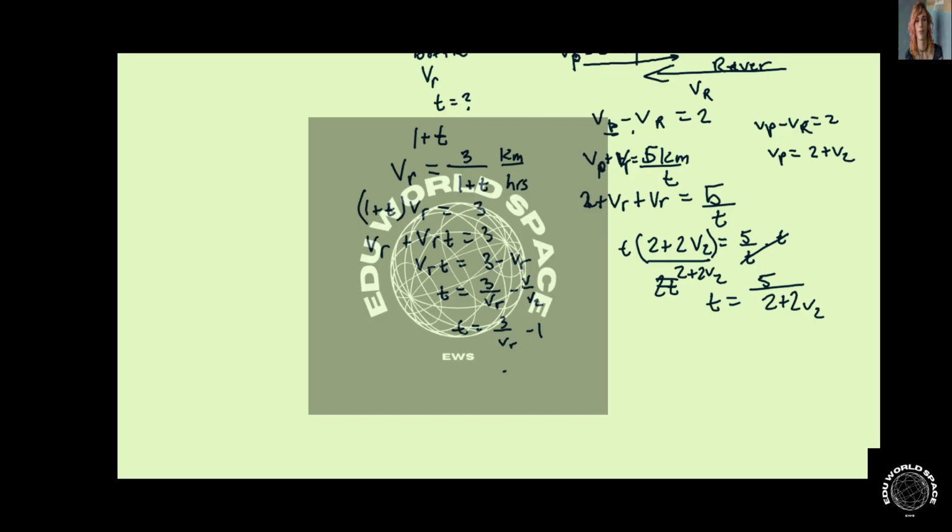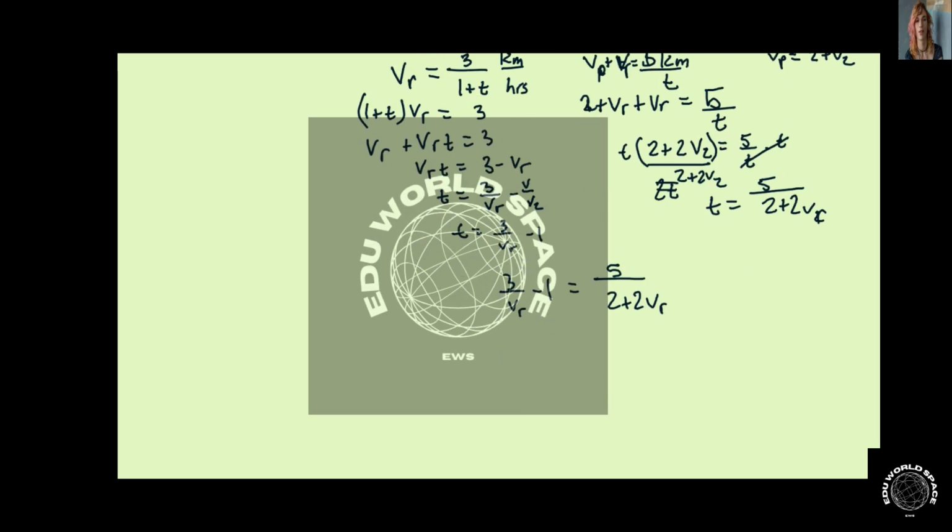So we can set these two equal to each other. 3 over VR minus 1 is equal to 5 over 2 plus 2 VR. I don't know why this R turned into a 2, but there we have it. We're getting there.